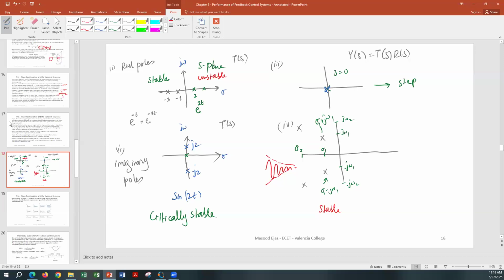Let me see, I'm trying to think about the table. In the table, we have 1 over s plus 1 squared, and that's going to be t e to the power negative alpha t or something like that. So it's going to become unstable if you have multiple poles at the same point on the real axis.